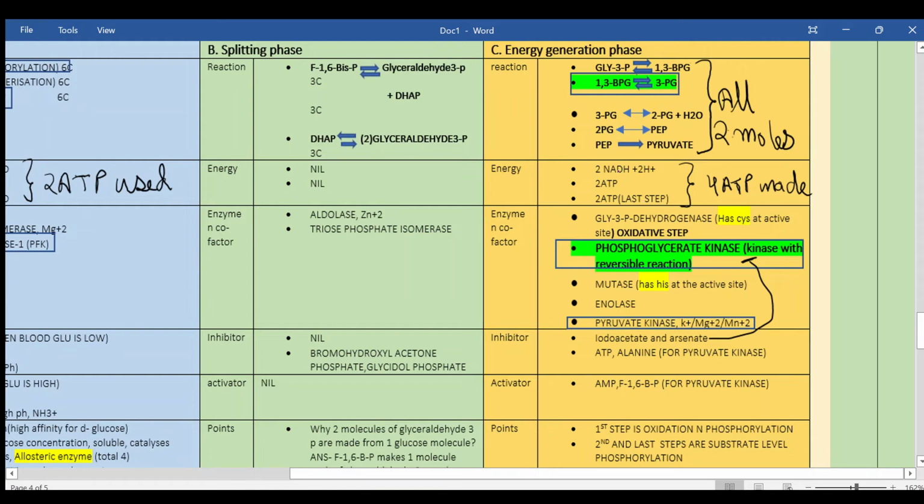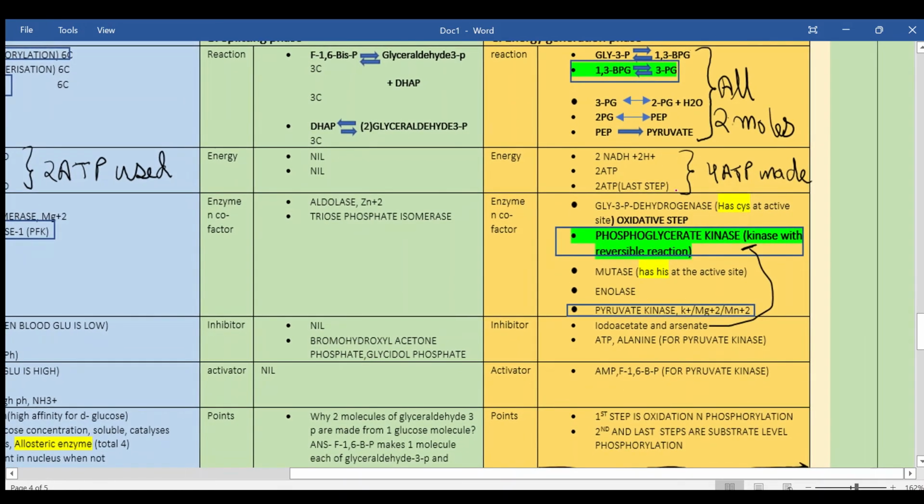Again, let me tell you, in terms of energy, we are getting 2 molecules of NADH in the first step, 2 molecules of ATP in the second step, and 2 molecules of ATP in the last step, that is PEP converting into pyruvate. So in total we are getting 4 molecules of ATP, right? 4 molecules of ATP and 2 molecules of NADH.